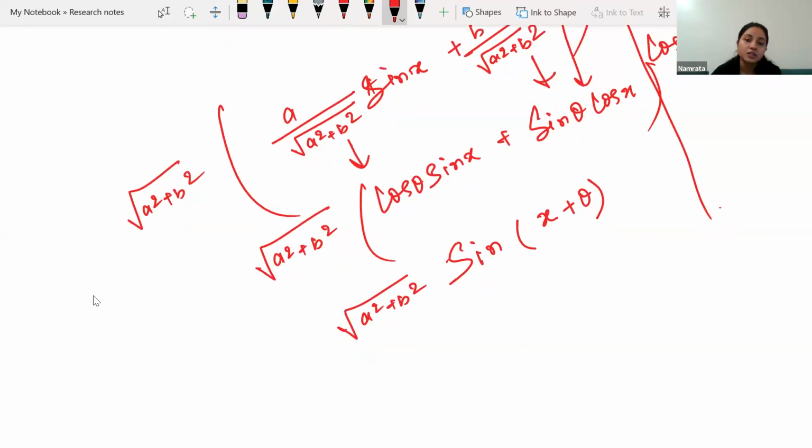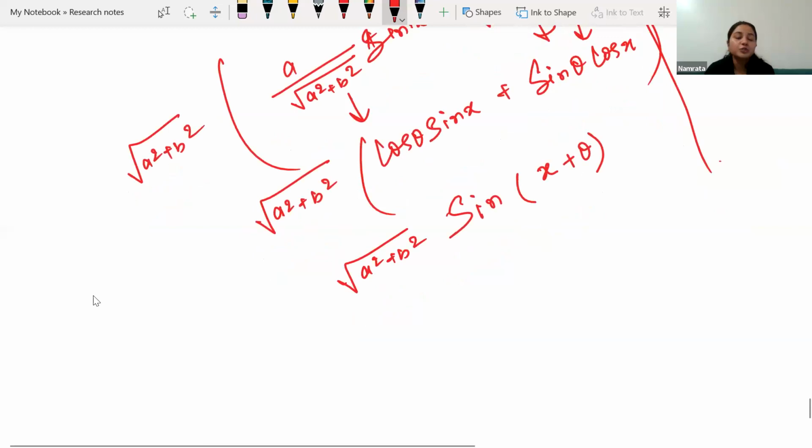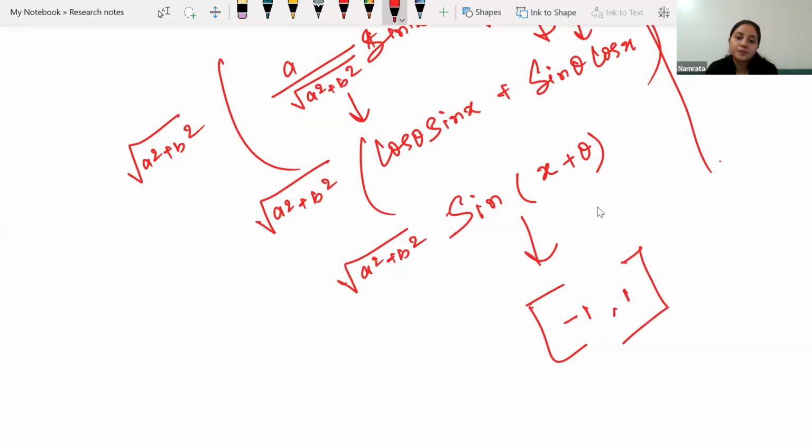Now I have shown you one result, that whatever inside angle we have, the sine of it gives an output between -1 and +1. Yes or no? So this sine of x plus theta, whatever the value of x, whatever the value of theta, the output will lie between -1 and 1 only.